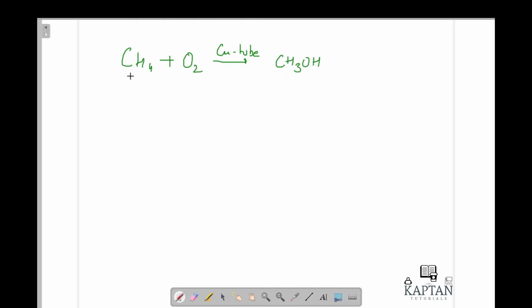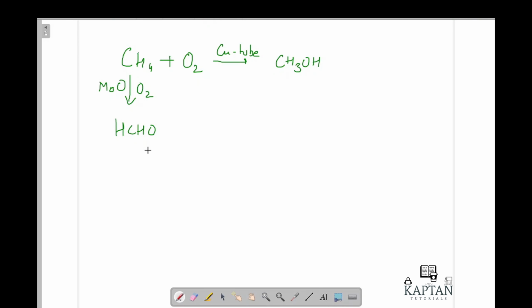Now the same reaction, if I carry out in the presence of oxygen, but here I use molybdenum oxide, then two different products are formed. When we use copper tube, it forms methanol, but when we use molybdenum oxide, it changes to the aldehyde group, that is HCHO. So this is the reagent.